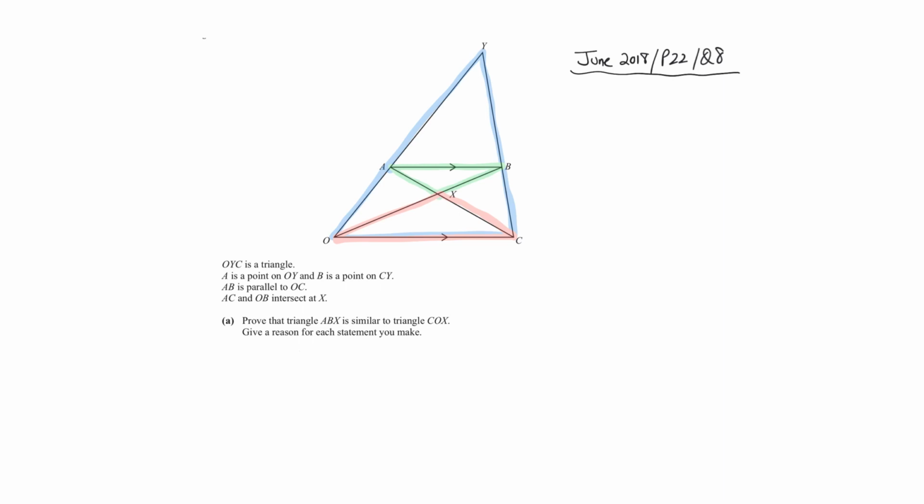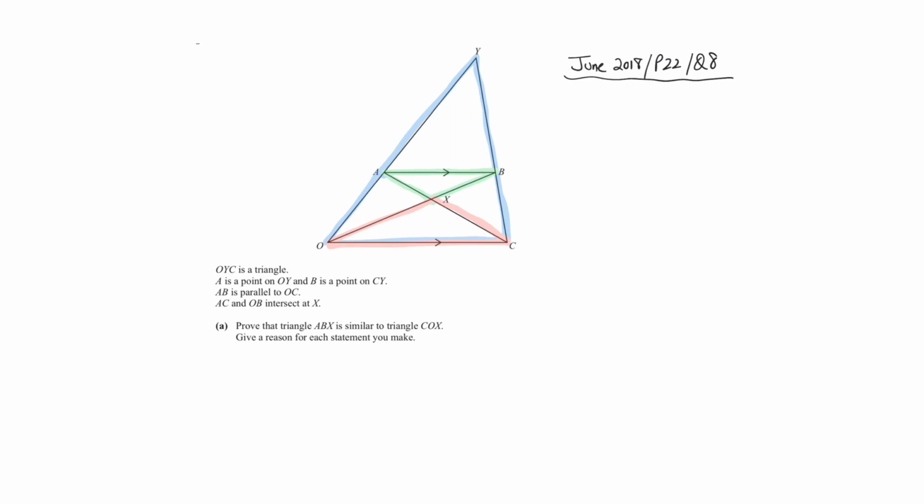Now we need to prove that the two triangles are similar. The way you are going to go about this question is, we know that the lines AB and OC are parallel, so look for the alternate angles. We know that this angle must be equal to this angle and this angle must be equal to this alternate angle. You also have to give a reason for your answer.